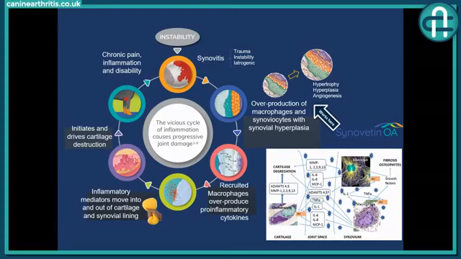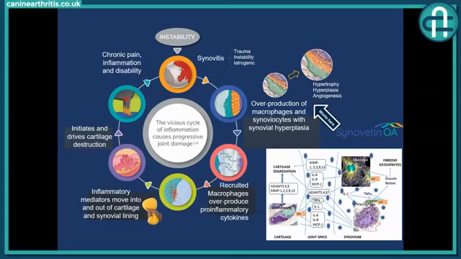But regardless, the insult typically is one of three etiologies: it's either mechanical, or chemical, or thermal. Typically with one of those, there is initiated within the joint a synovitis.